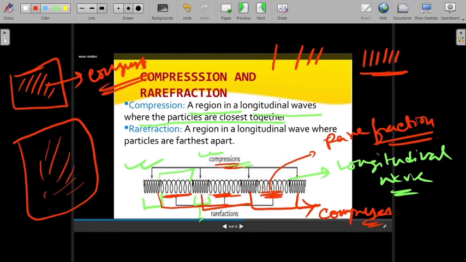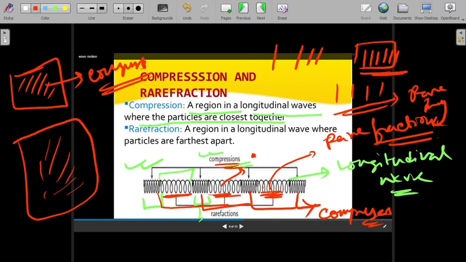The particles are gathered very closely together, and here the particles are not gathered so closely. They have a distance. When the particles have some distance between them, that is called the rarefaction.